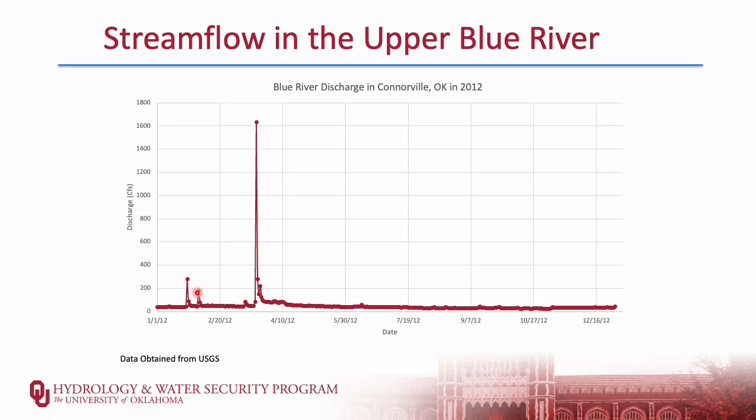It goes back down to 200 in this outlier, and then there's one huge one, the elephant in the room, at an event that caused 1,600 cubic feet per second discharge at the Connerville site. It must have been a very heavy rain event. I don't have daily precipitation values, so I'm not able to see the storm that blew in right there, but it had to have been a pretty crazy storm for the discharge values to be that high.